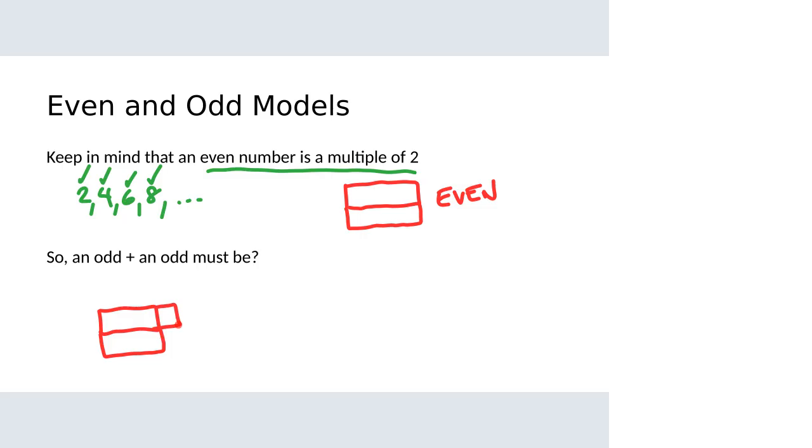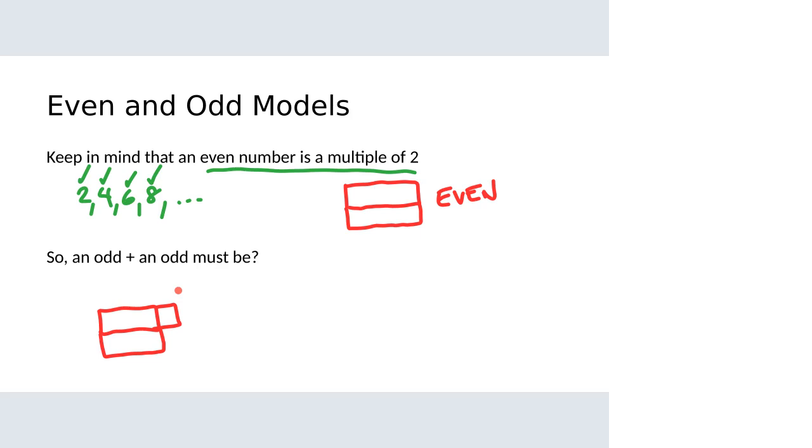Now it's an odd number. Now it's not whatever this is times 2, it's whatever that is times 2 plus 1 more. 2 times 1 would be 2, add 1 on, that's 3, that's an odd number. 2 times 4 would be 8, add 1 on, that's 9, that's an odd number. So that little piece hanging over the edge makes it an odd number.